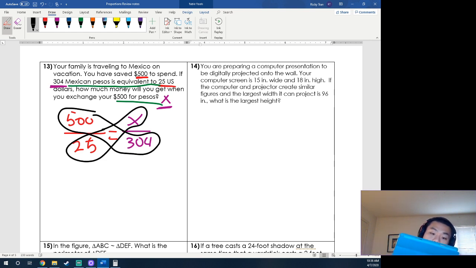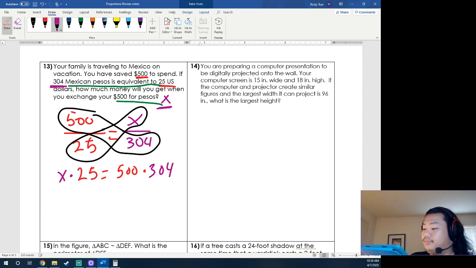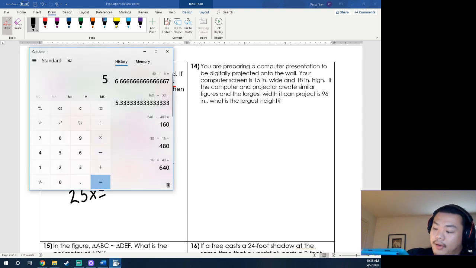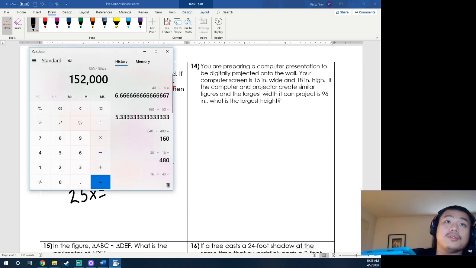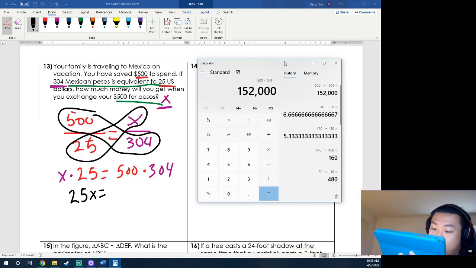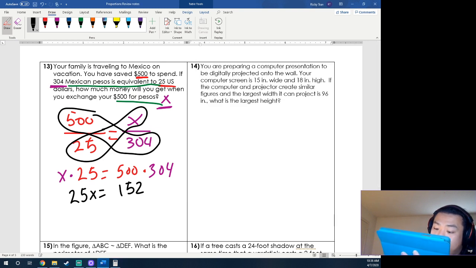So we have X times 25 is equal to 500 times 304. All right, we have 25X is equal to 500 times 304. 152,000.